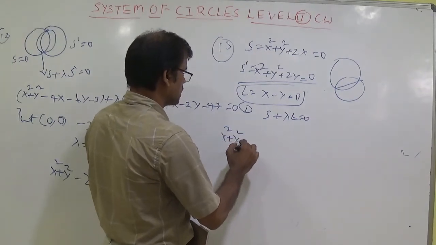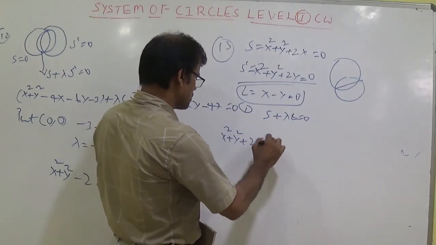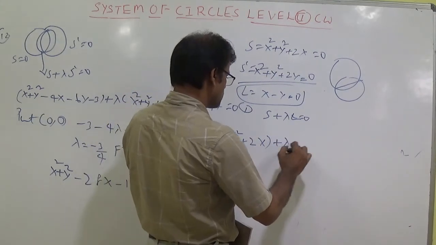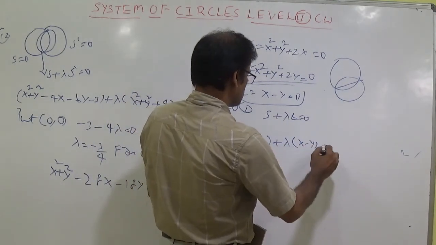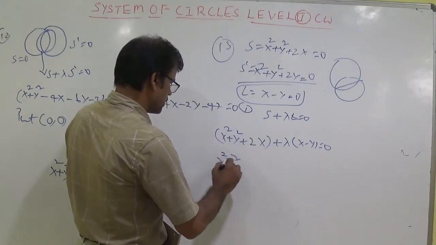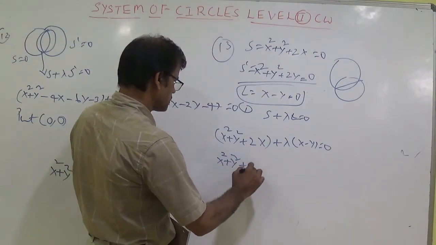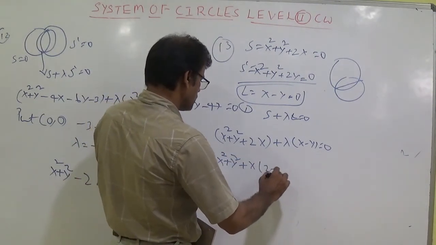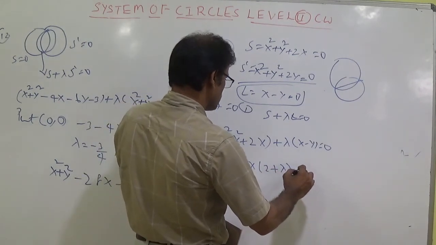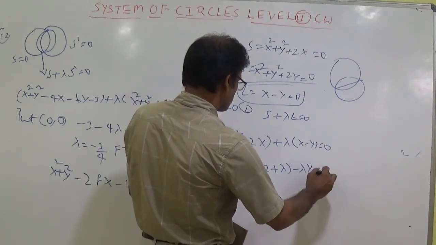Then you can understand: x square plus y square plus 2x within a bracket, plus lambda into x minus y, equal to 0. By expanding this, x square plus y square plus x, you take common, it becomes 2 plus lambda, minus lambda y equal to 0.